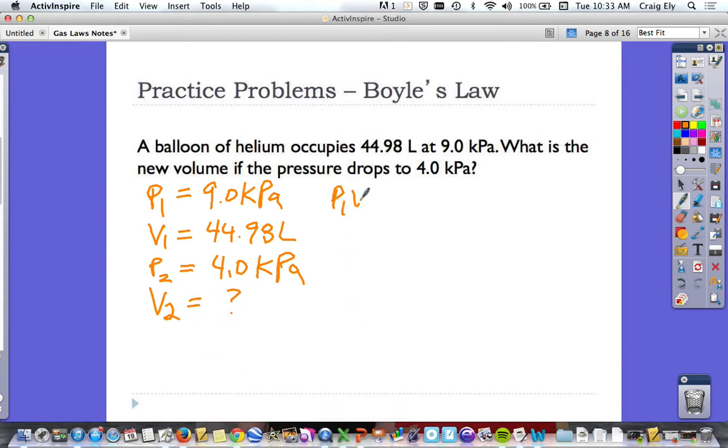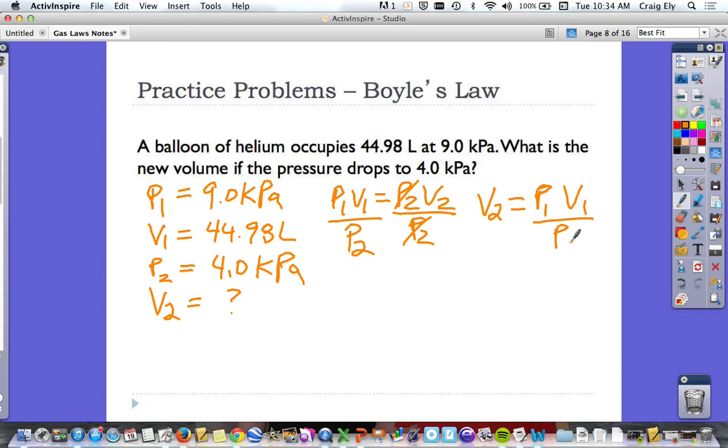So P1V1 equals P2V2. I want to solve for V2, so I'm going to get rid of my P2 on that side. What I'm left with is V2 equals P1V1 over P2.